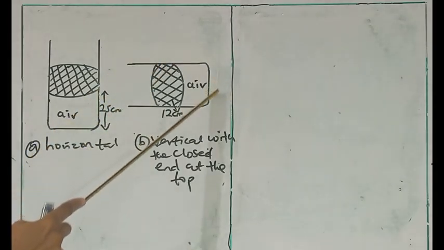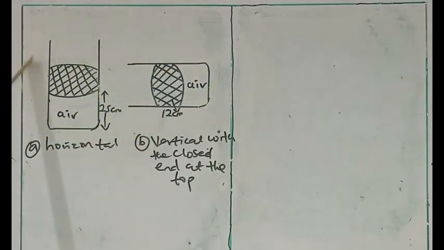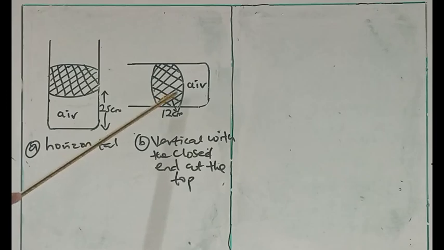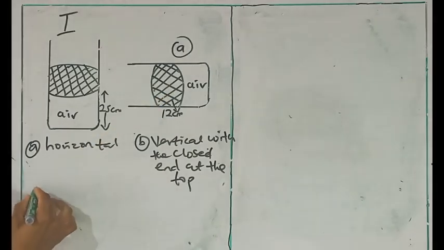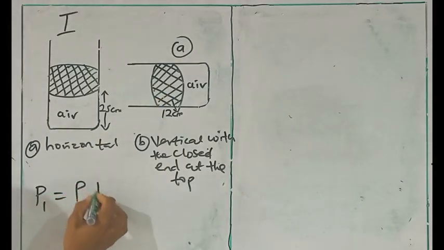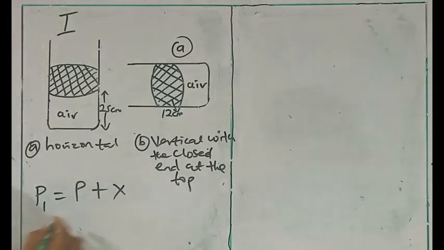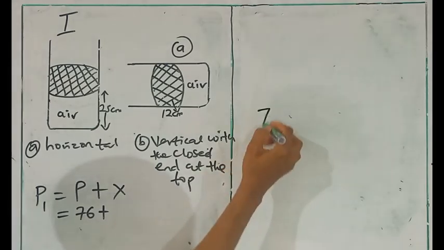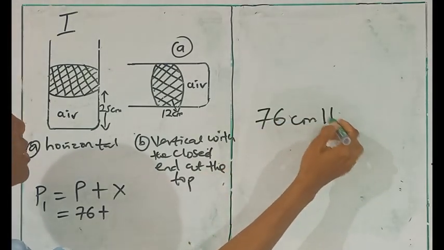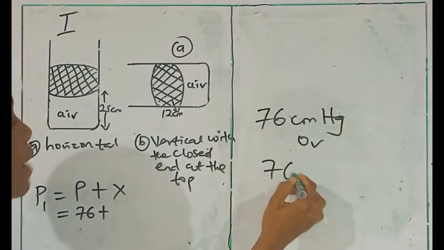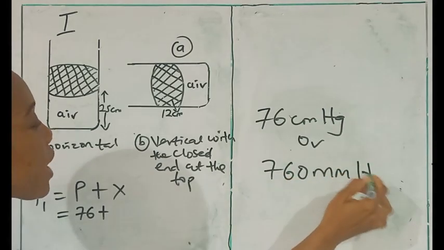So let's take the first case when it's horizontal. Remember that when it's horizontal, this is the P1, the first one we are comparing with. So let's get our P1. P1 is P plus X. Remember, this is the first one. We are using 76 cm of mercury, because atmospheric pressure is either 76 cm of mercury or 760 millimeters of mercury.